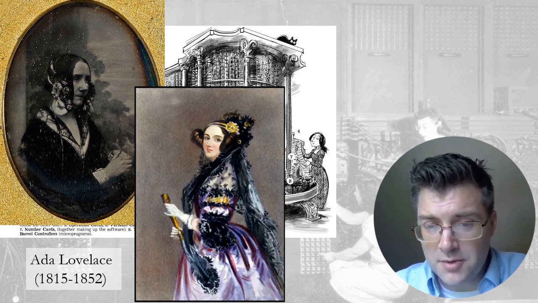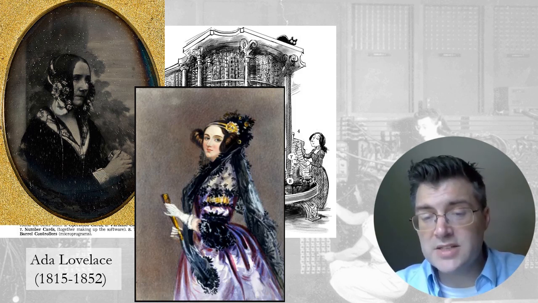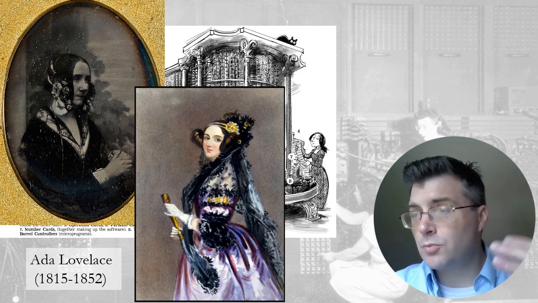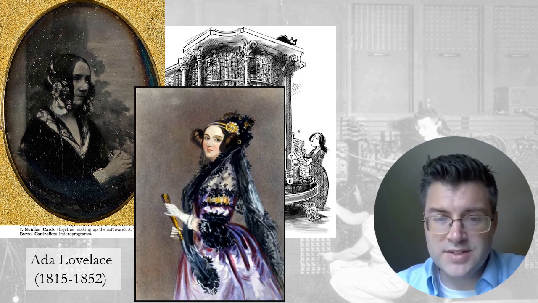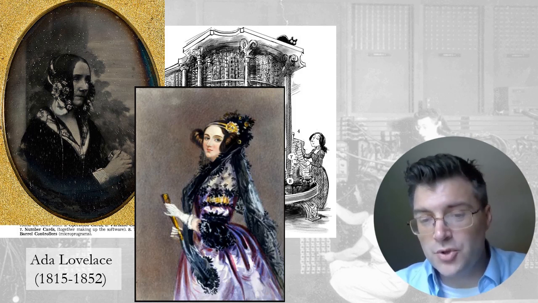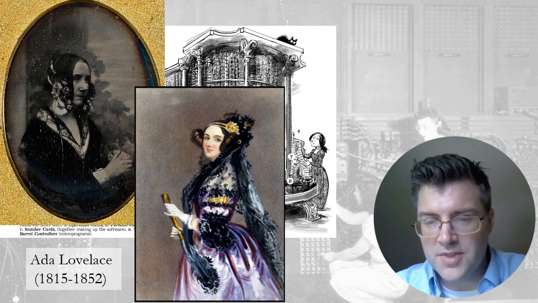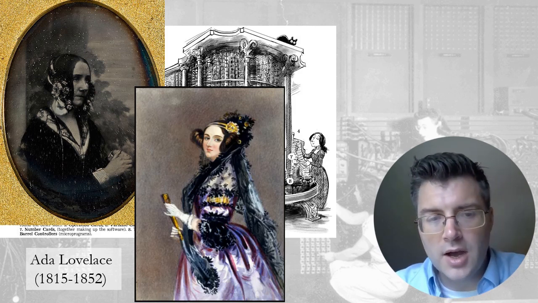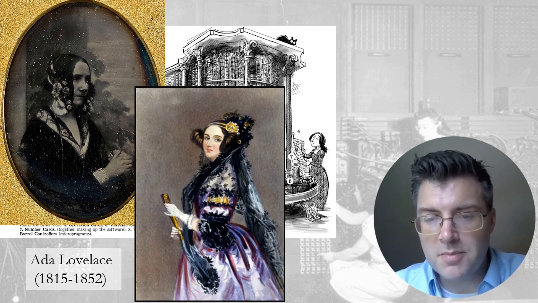And she worked closely with Babbage in producing that text, and even played a part in specifying early on some of the possible programs that could be written for such a machine. And so some historians have called her the first computer programmer for that reason. And Dasgupta has some things to say about that interpretation, which he's a little bit hesitant about, partly because of the extent to which she was likely collaborating with Babbage.